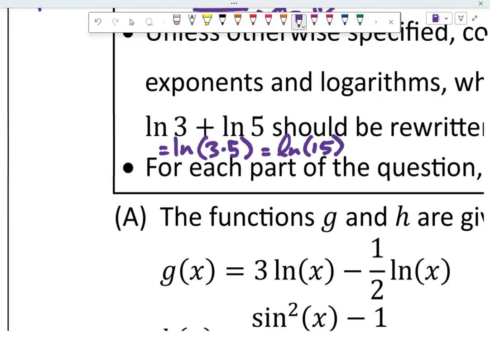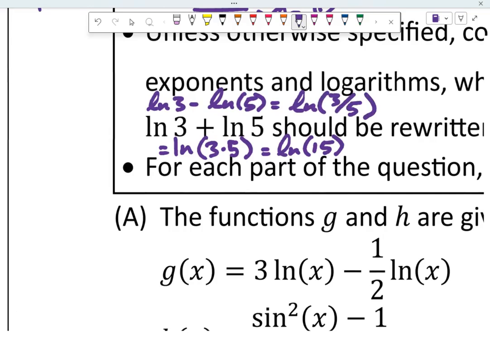So you need to know your log properties as well as exponent properties. So if it was natural log of 3 minus natural log of 5, then that would be natural log of 3 divided by 5. Subtraction becomes division, adding becomes multiplication.